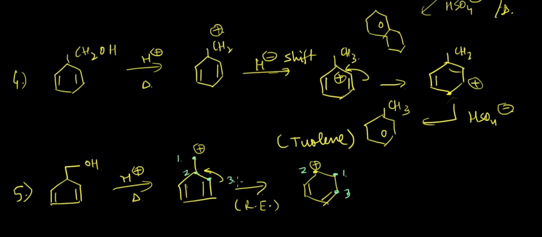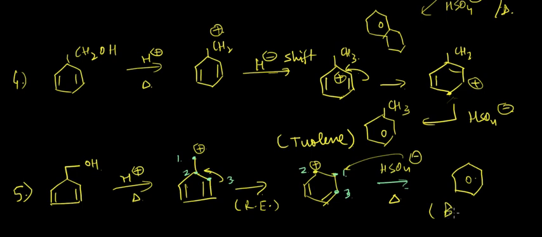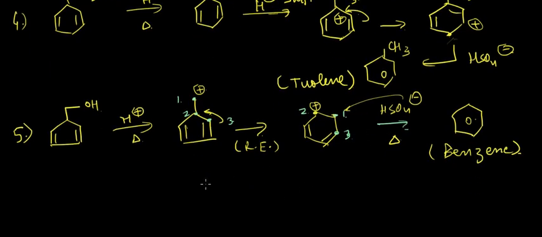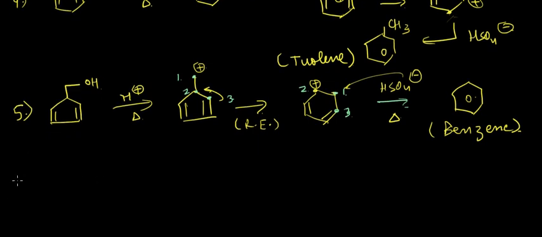So bond formation occurs between 1 and 3, and the second carbon atom gets a positive charge. Okay, now you know the procedure afterwards, that again HSO4 minus comes into the picture in the presence of heat. We'll take this hydrogen atom to form again a benzene structure.